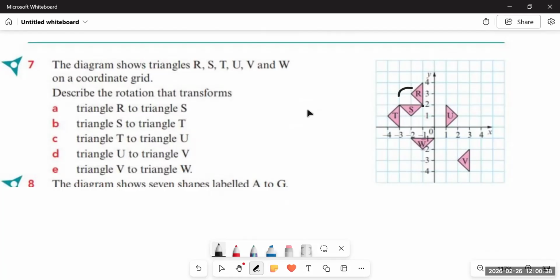And it's anti-clockwise 90 degrees. See, if we take the corresponding sides, this is 90-degree angle. So it's anti-clockwise 90 degrees. And center -1, 2.